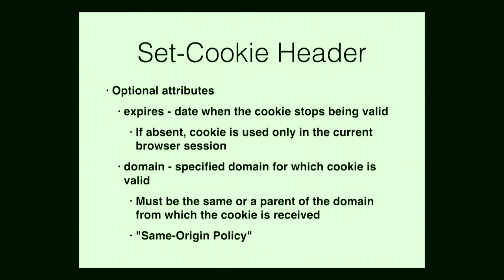Anyway, so the same origin policy is the main security feature of your browser, and it means that if you go to google.com, your browser will send it all your google.com cookies. The problem is, how does your browser know where you are? All it does is look up in the URL bar. There turn out to be about 50 ways to fool your browser about where it thinks it is.